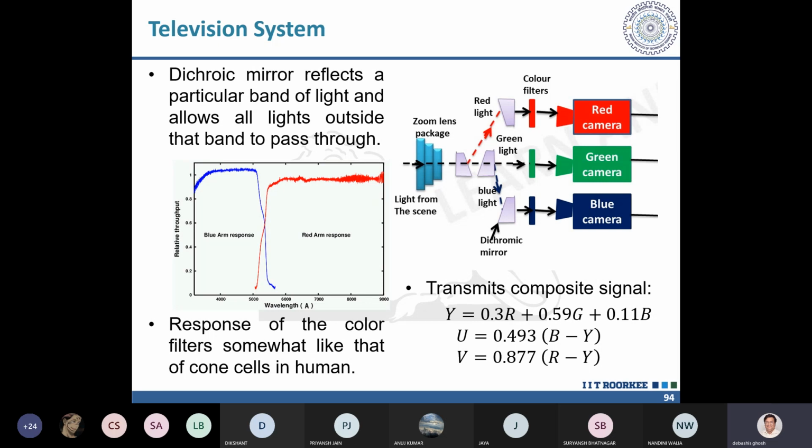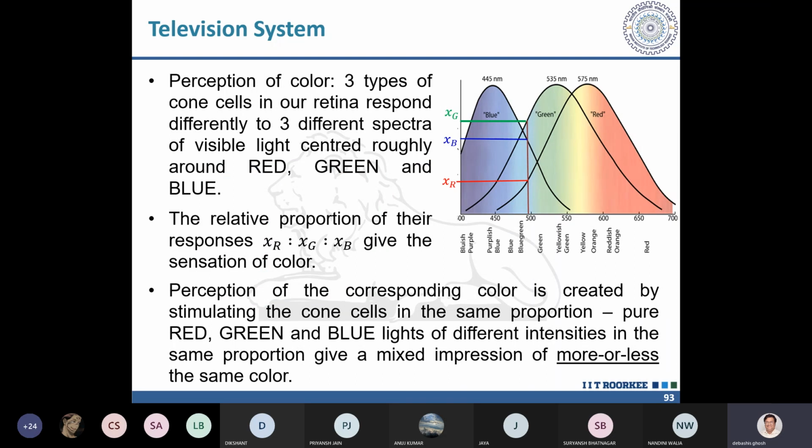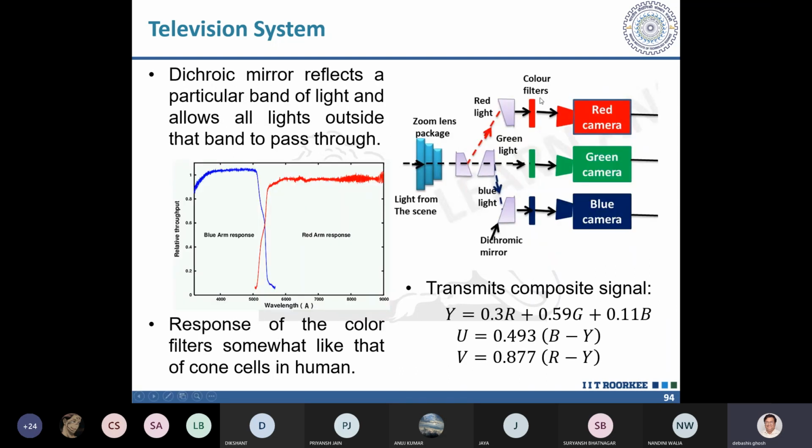The reason we do this is that we try to make the response somewhat like the response of our human eyes. In the last class I showed a picture of the color filters.